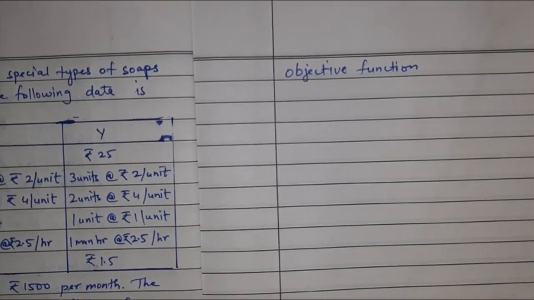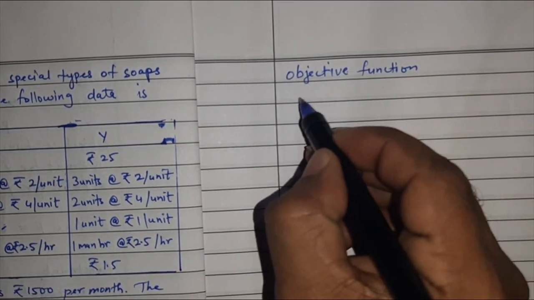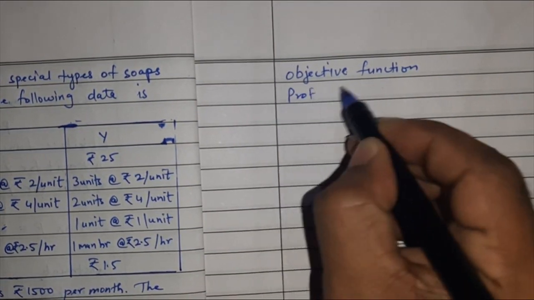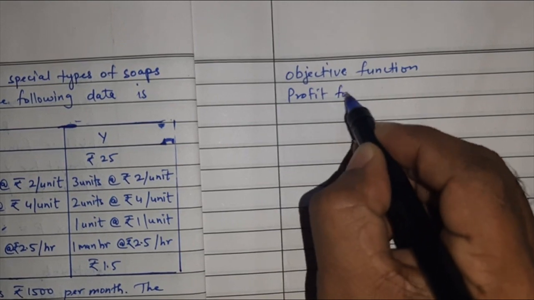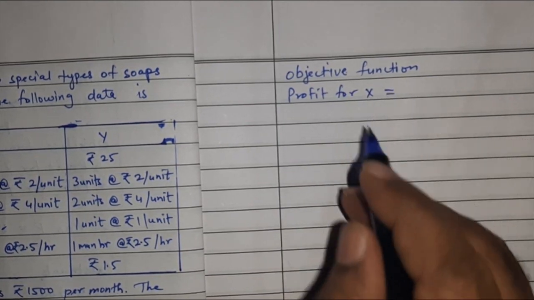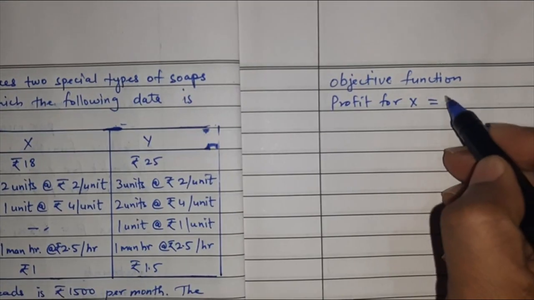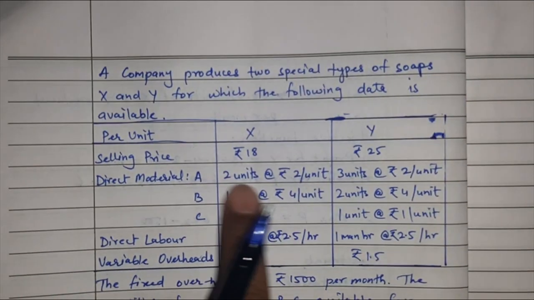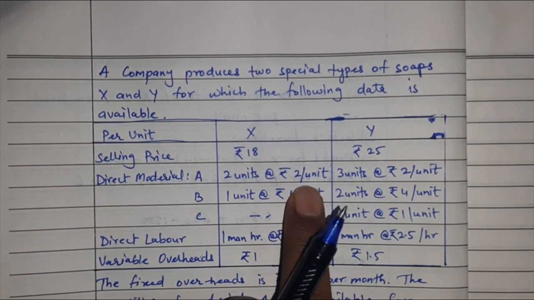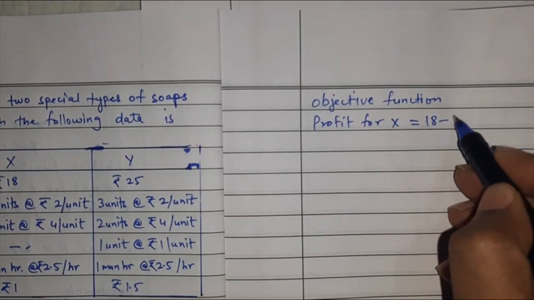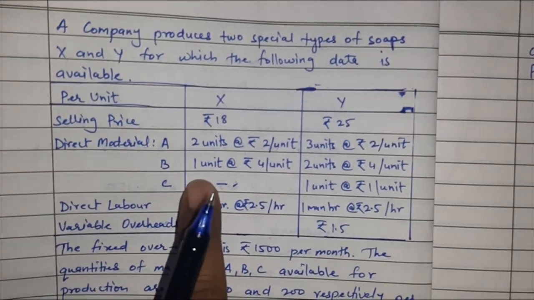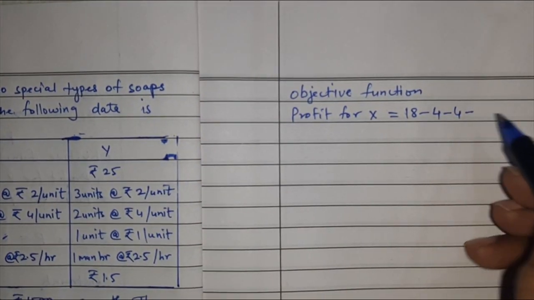So we will first calculate the profit for X. The profit for X is equal to 18 minus, now 2 units at rupees 2 per unit. So this is 4 minus 1 unit at rupees 4, minus 4 again.